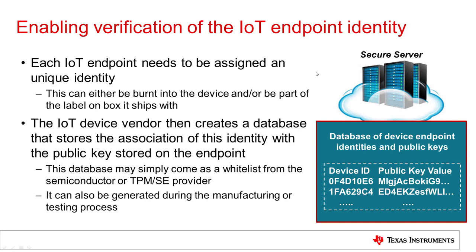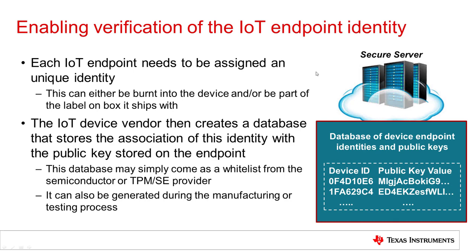In the case of the unique identity being on a label, it will be necessary for there to be a phone app for the user to enter the unique device identity during installation so that the device can use it. The IoT device vendor will need to create a database that stores both this identity and the associated public key that is stored on the endpoint device.